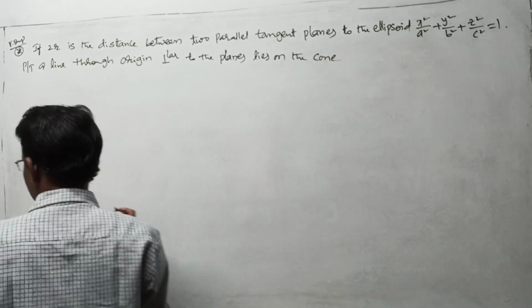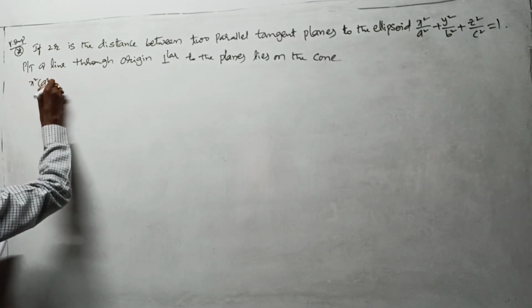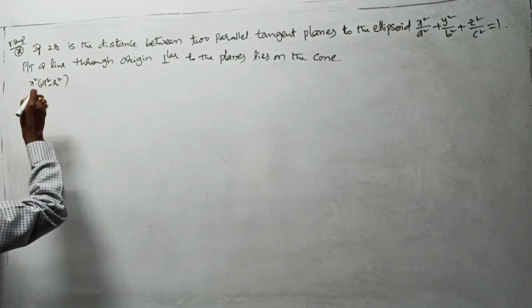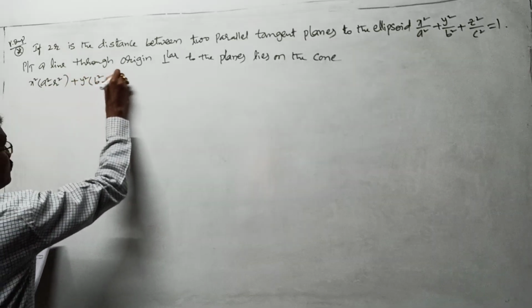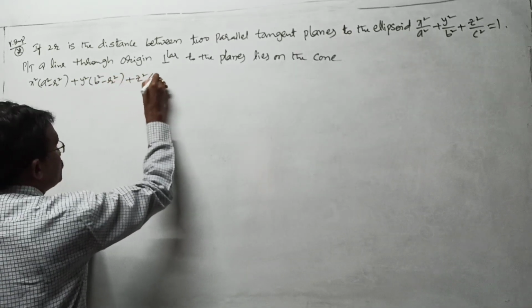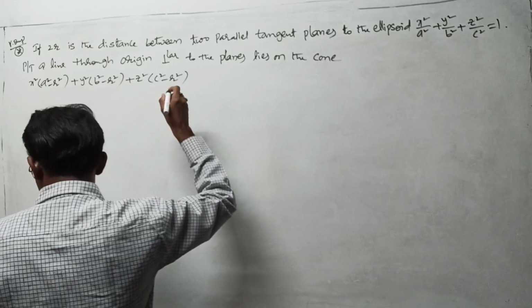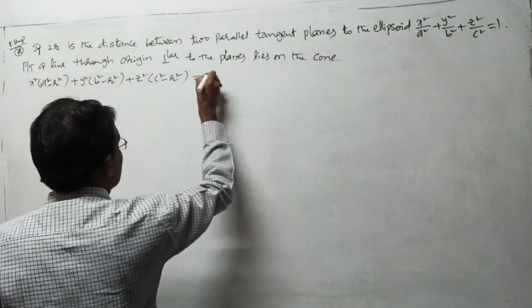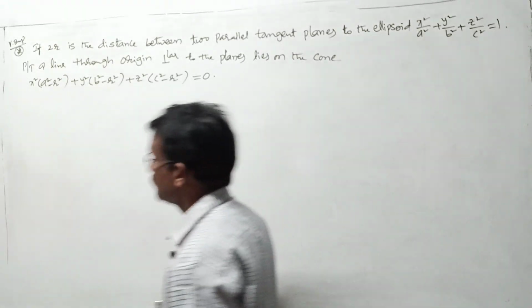Here I am writing the cone equation: x²/(a² − r²) + y²/(b² − r²) + z²/(c² − r²) = 0. This is your question.